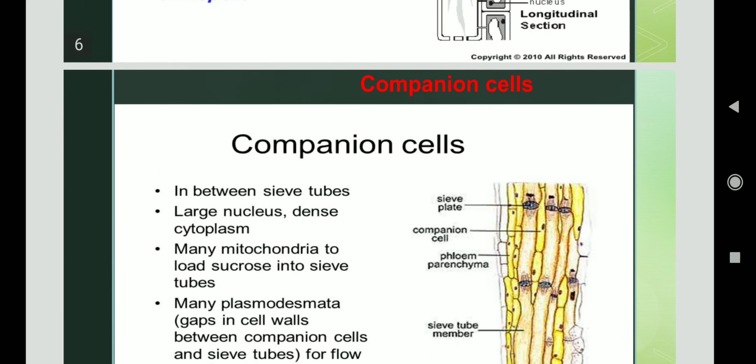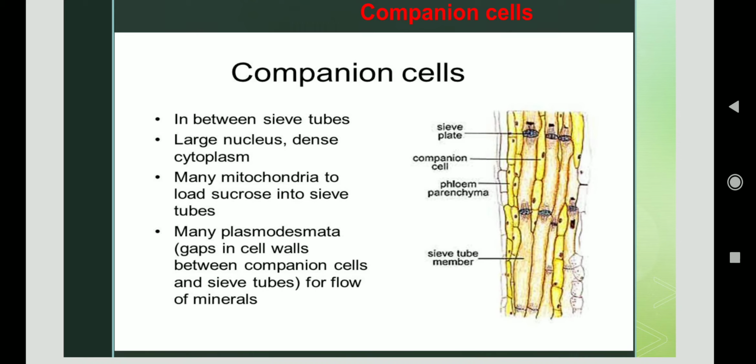Next is companion cells. You can see the companion cells in the actual structure of the phloem, and how sieve plates are present. Companion cells are just near the sieve tubes, right? These are living cells, and they occur in companion with the sieve tube, that's why their name is companion cells.